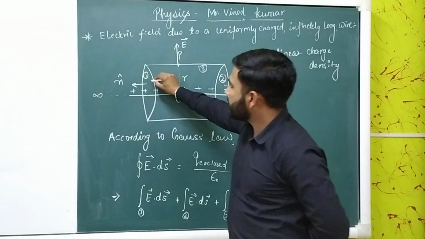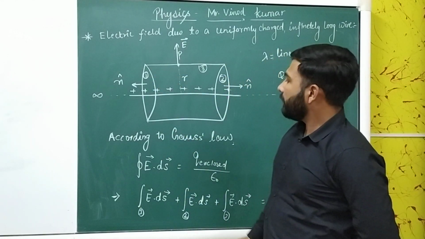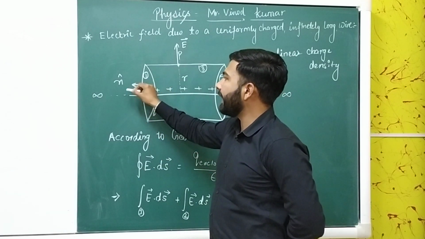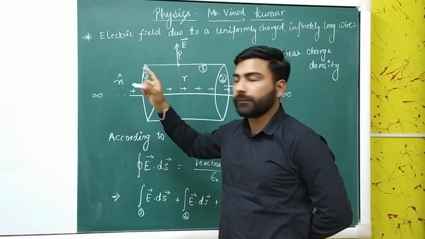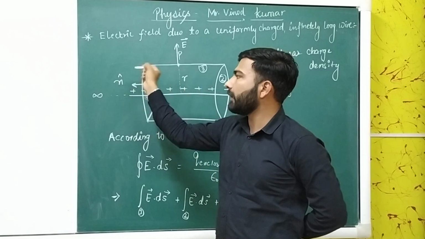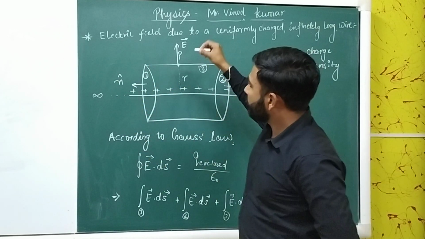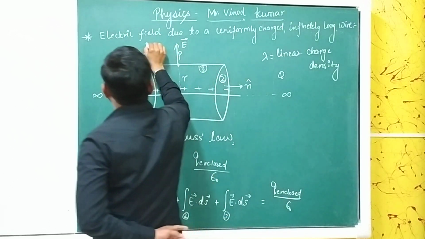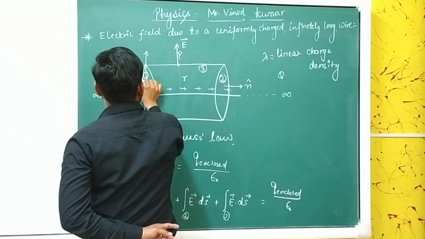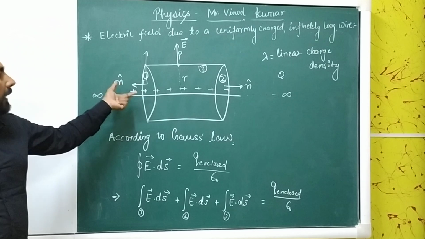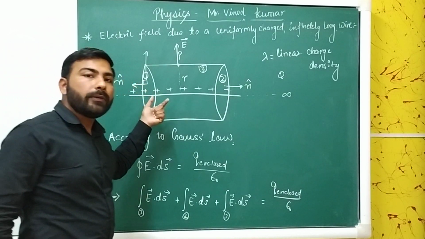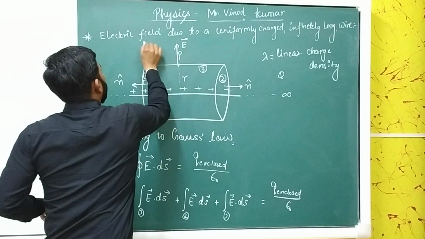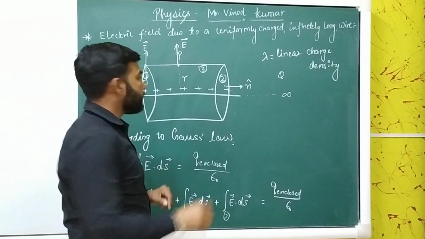For the first surface, the n cap, the direction of the area vector of this circular surface, will be in the leftward direction. And as you know, the direction of the electric field is upward, so the angle between the area vector and the electric field vector is 90 degrees.